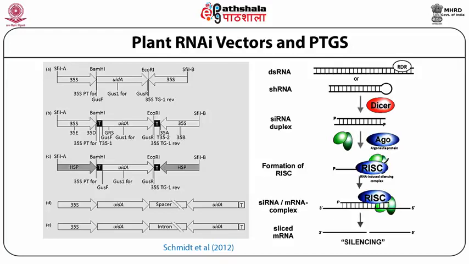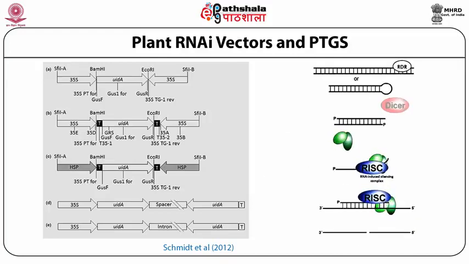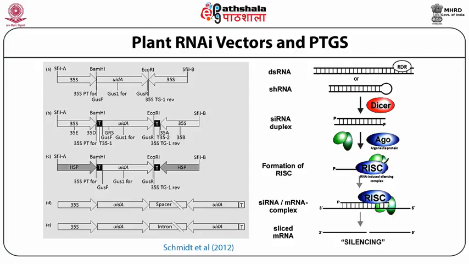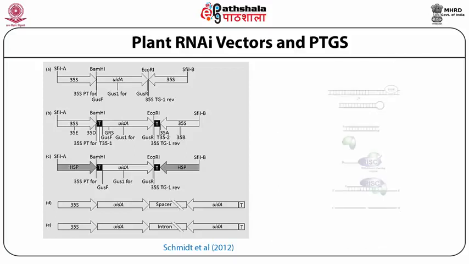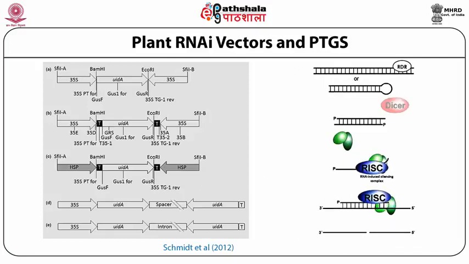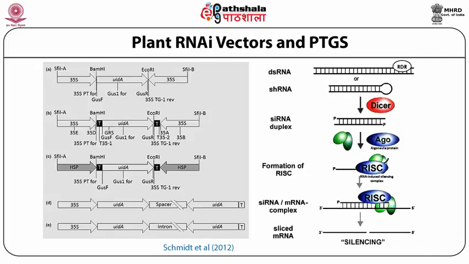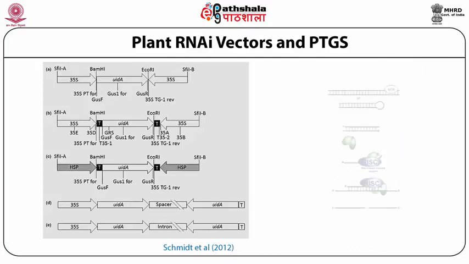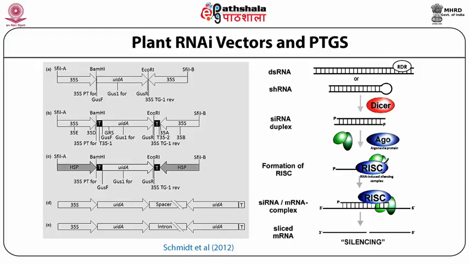recognized by Argonaute proteins and form a complex. This will guide these small double-stranded RNA fragments to the RISC complex, which is the RNA-induced silencing complex, where in this double-stranded small RNA molecule, one of the strands is degraded, and the target RNA, that is, a native RNA produced by the plant cells in our case.